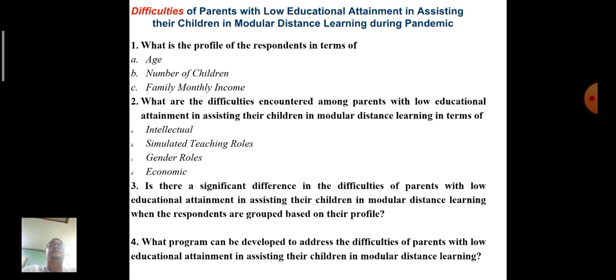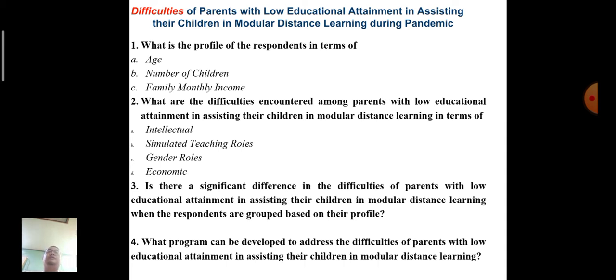It states, what are the difficulties encountered among parents with low educational attainment in assisting their children in modular learning in terms of. So you see there are four components under question number two, and these components are found from the development of your research instrument, no?